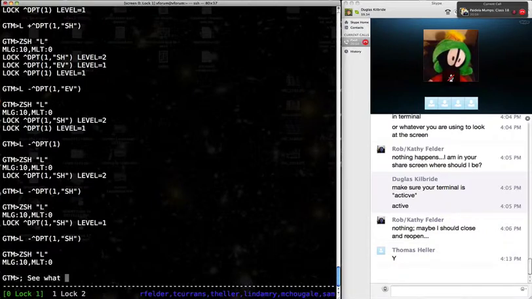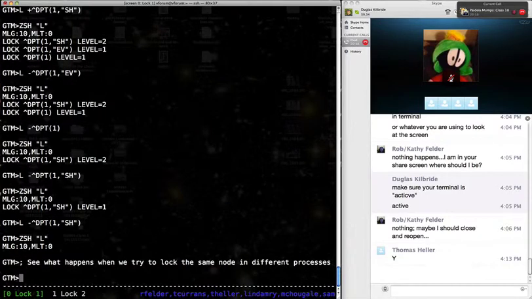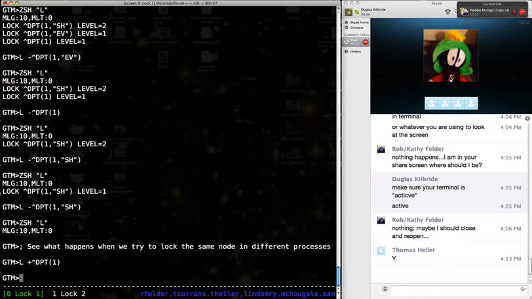Let me type this out. All right, so let's try to lock char DPT sub 1. Okay, good. So it locks here.